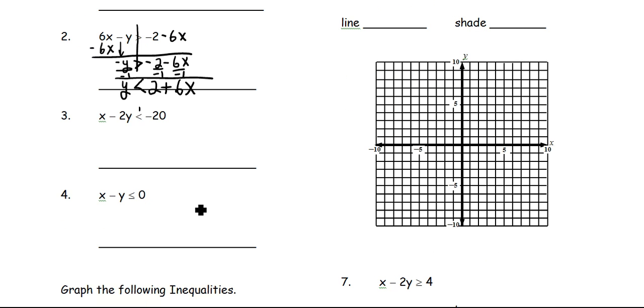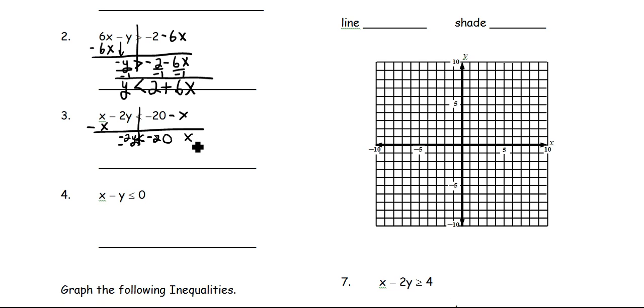Let's look at number 3. Again, we're going to split this into two sides. Move the term, that's x. There we go. And we're left with negative 2y is less than negative 20 minus x.